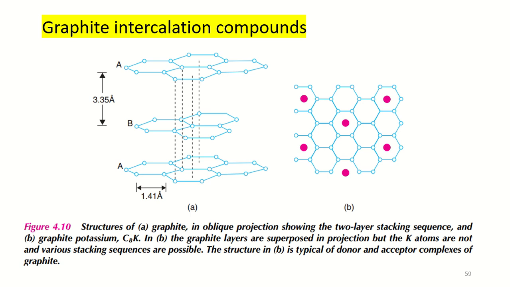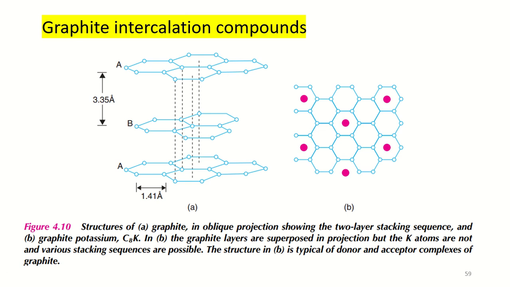For example, this is actually the standard distance between the layers of graphite, which is 3.35 angstrom. But some invaders or doping materials have the ability to push these layers apart from each other, which changes the normal distance of 3.35, and it may change to 3.4, 3.7, or sometimes 5.5.